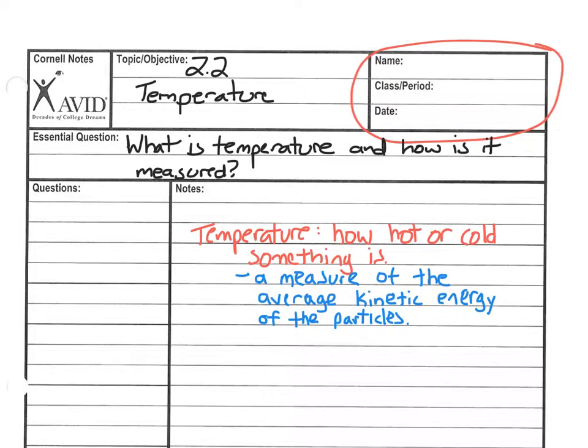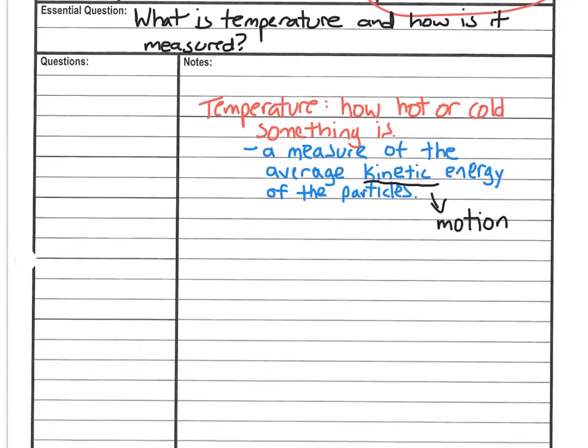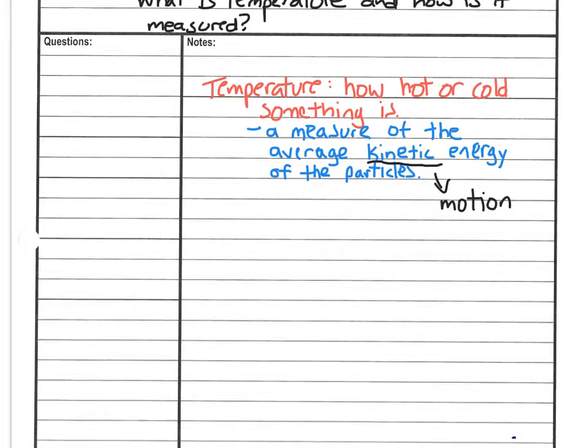Now remember from physics that kinetic energy has to do with motion. So temperature is a measure of the motion of the particles. When we have a higher temperature, we have particles that are moving faster, and when we have a lower temperature, we have particles that are moving slower.